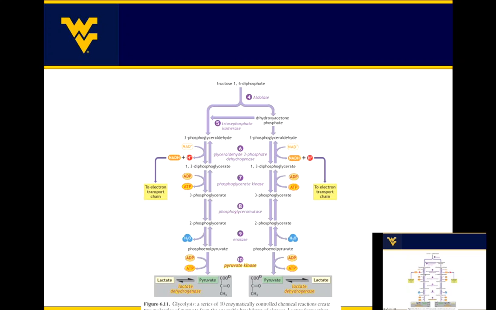Enough energy is released from this substrate converted to this substrate, and you can directly form an ATP. Notice that occurs in step 7 and step 10, but because this happens twice, because you get 2 of these, that's a 3 carbon molecule from your 6 carbon glucose, there is 1, 2, 3, 4 net ATP produced.